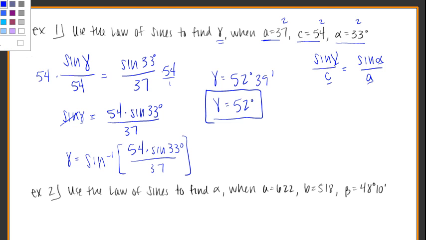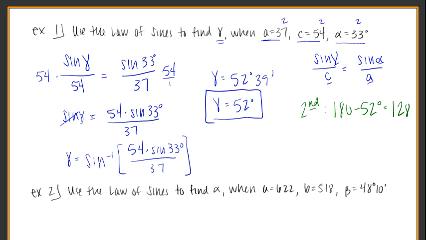With the law of sines, we have a second potential answer. How you possibly get the second answer is you take what you just found and subtract it from 180. So 180 minus 52 degrees gives you 128 degrees. This is what we're going to try to see: can that potentially be a second answer?